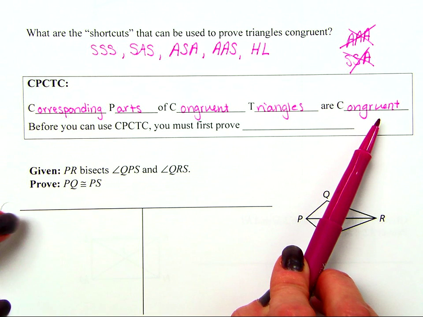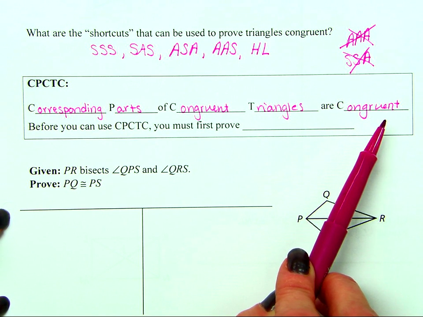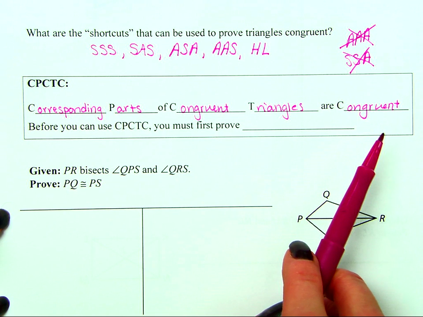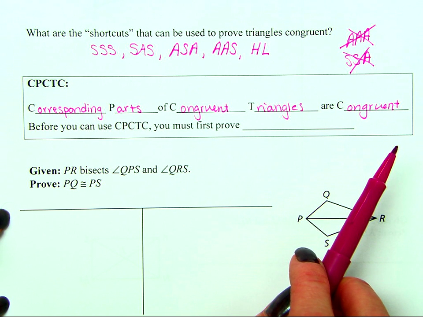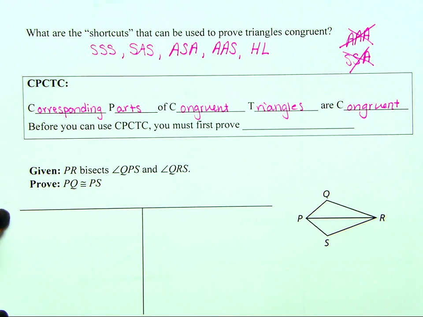We had discussed this before, that if certain angles correspond and our triangles are congruent, those angles must be the same. Or if certain sides are corresponding and our triangles are congruent, those side lengths must be equal. So the corresponding parts of our congruent triangles must be congruent.